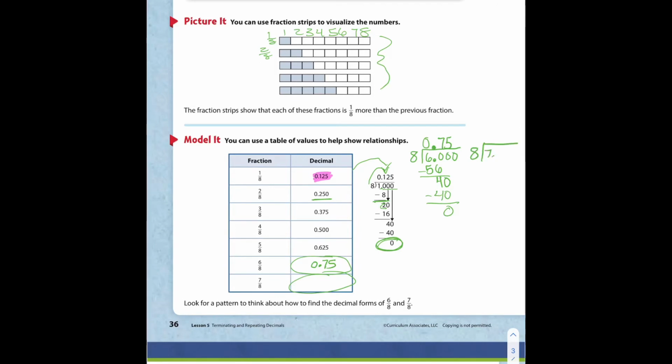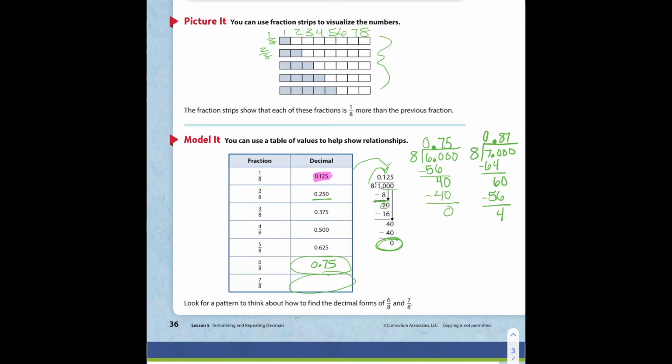8 into 7. I'm going to go ahead and add my decimal with 3 zeros. Bringing my decimal up. I know 8 won't go into 7, but I know 8 will go into 70 8 times. And 8 times 8 is 64. 70 minus 64 is 6. Bring down a 0. I know 8 will go into 60 7 times. 7 times 8 is 56.